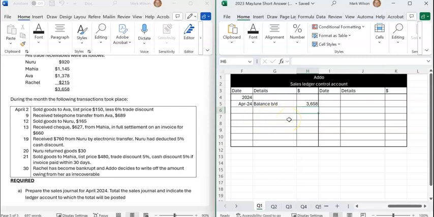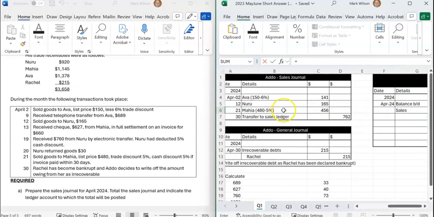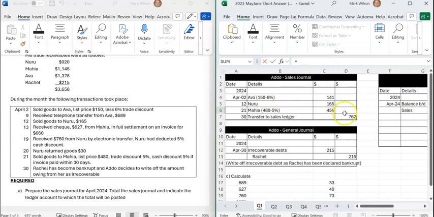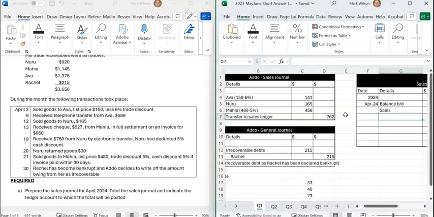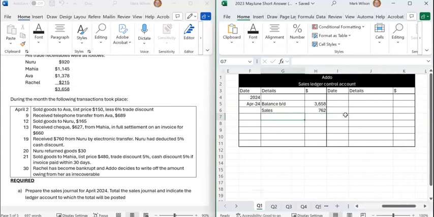To that, we're going to add for sales. And that sales figure we're just going to take from our sales journal. So we've done all the hard work here. There are no other things that increase here. They could be if we charge our debtors interest. In this case we haven't.